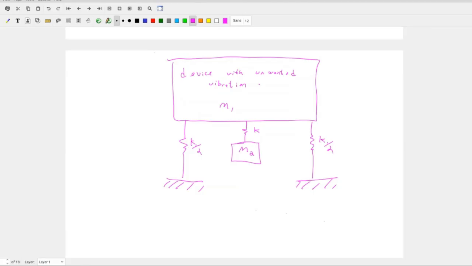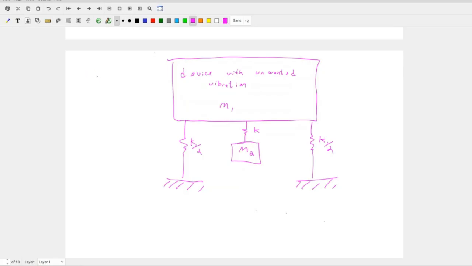You could draw this whole system, it wouldn't look as pretty. You could draw the system like that if you wanted. Yeah, you see what I mean? It's a little harder to conceptualize. But we have this device with unwanted vibrations, and we don't care how much this mass vibrates.